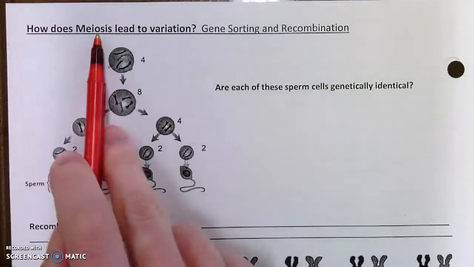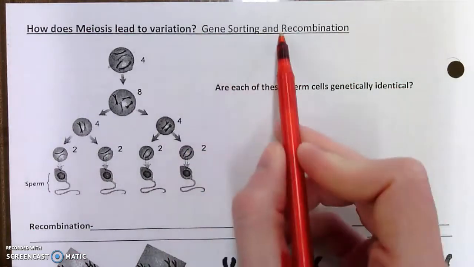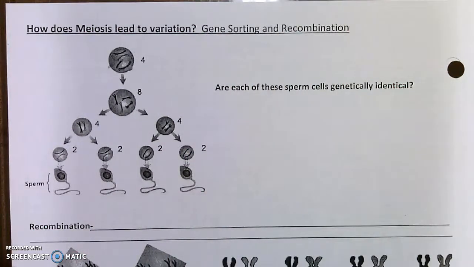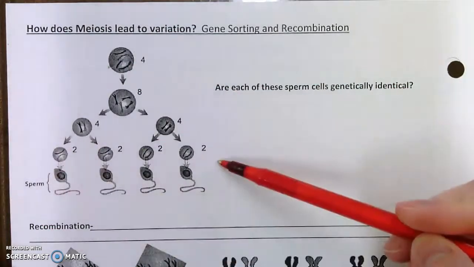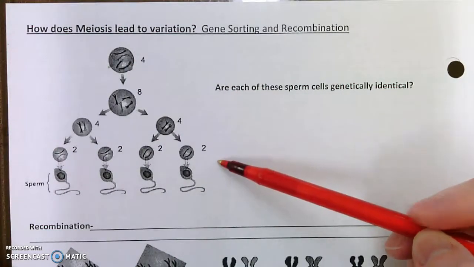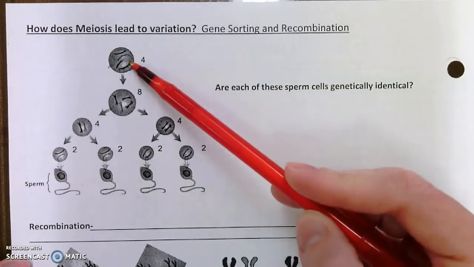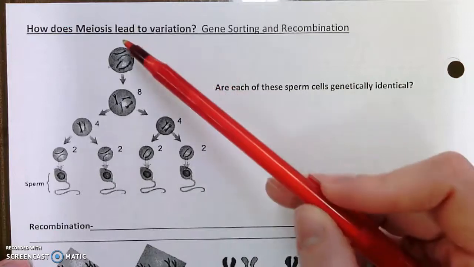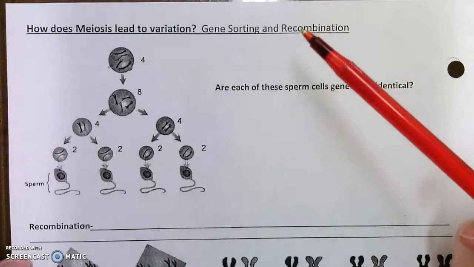So, how does meiosis lead to variation? We've got to talk about gene sorting and recombination. So if you look here, this is another picture of what happens in meiosis, okay, specifically in males. We start with a cell. You see here that there's 1, 2, 3, 4 chromosomes.